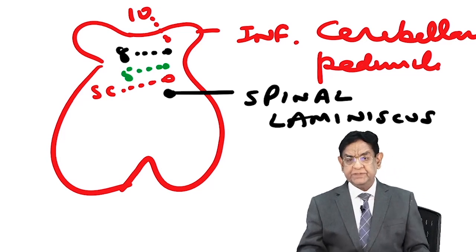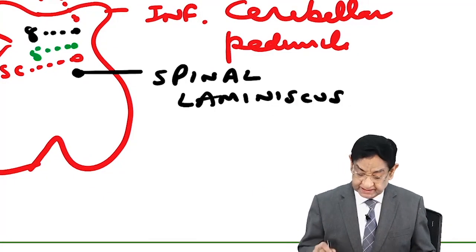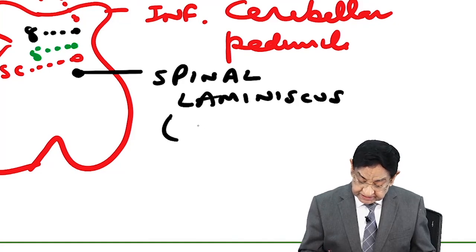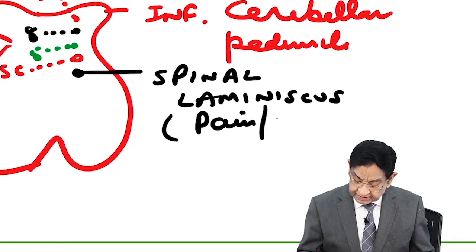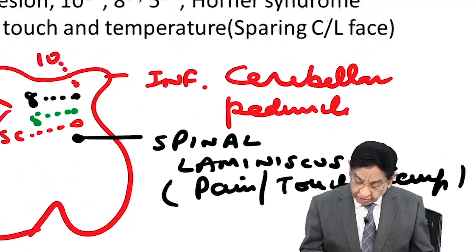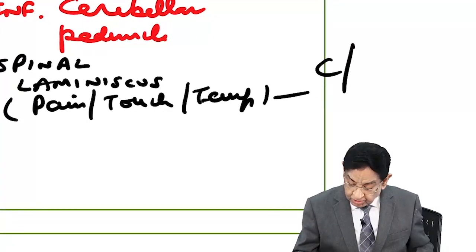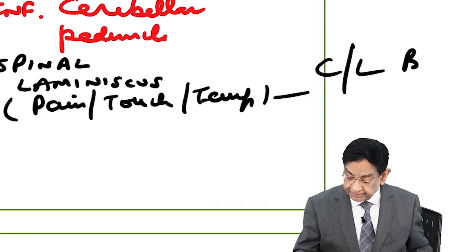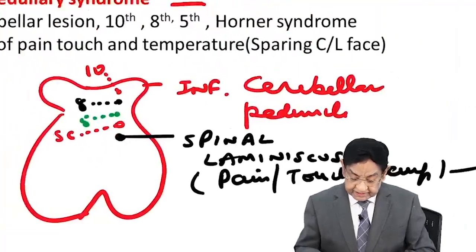Before I proceed further, let me tell you something about the spinal lemniscus. This carries pain, touch, temperature fibers from the contralateral body. Let us presume this is the right side.